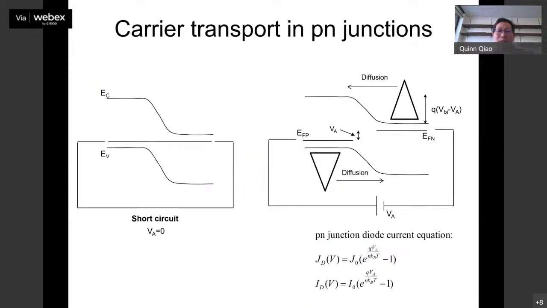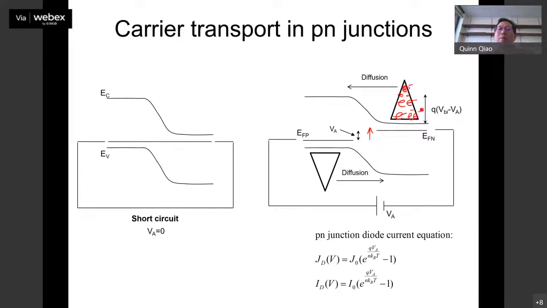Okay, that's it. Then for the diode, you have to add the gate voltage. Basically, you add the forward bias here. With forward bias, you improve this one. Initially they are flat, and now you raise it. When you raise it, there are electrons here, our electrons.